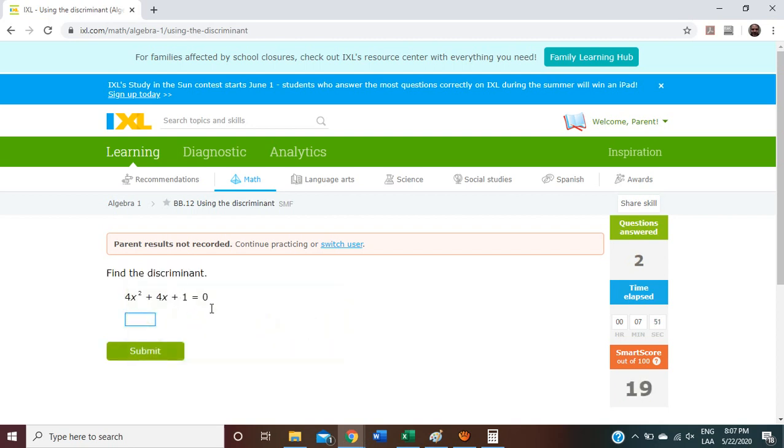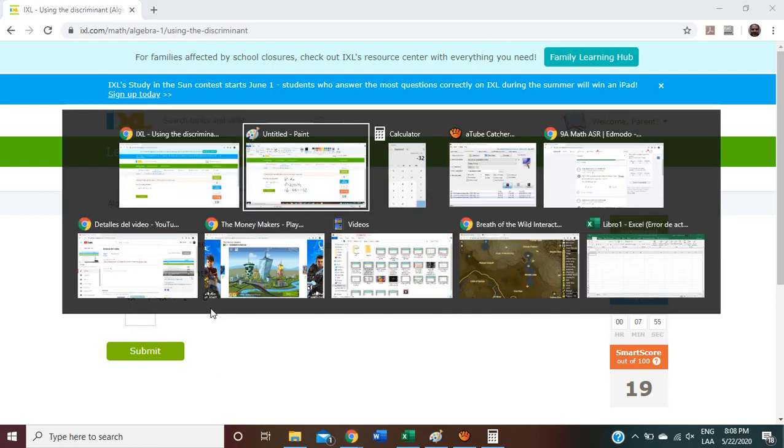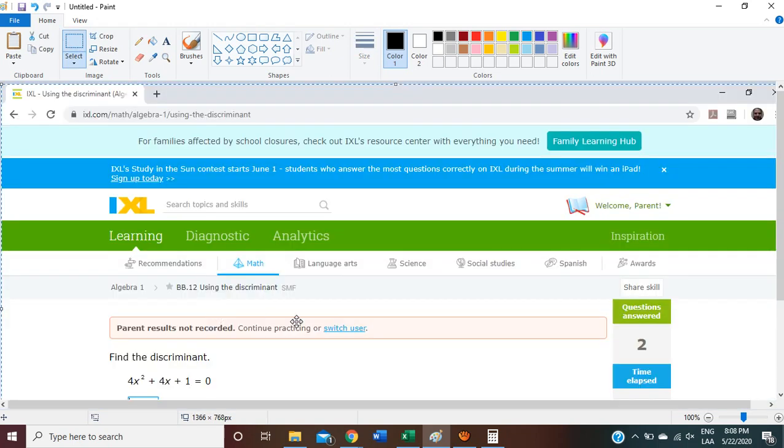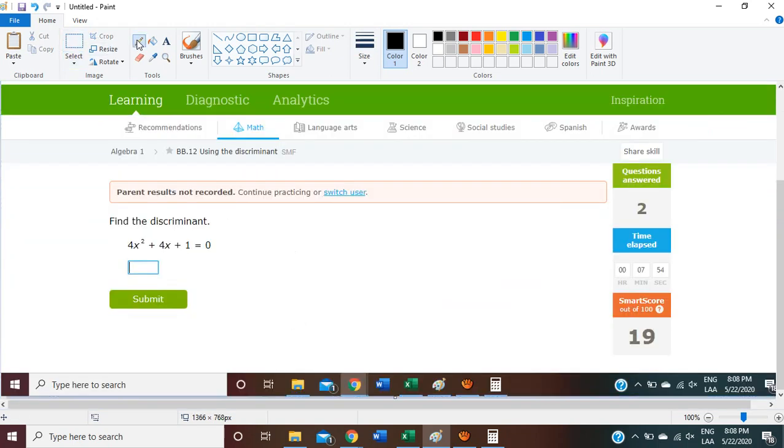Let's copy this into a new one, and we have b squared minus 4ac. Now I am going to try skipping steps so it's a little faster.